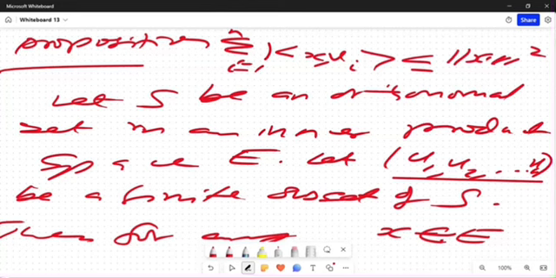Okay? So that's one of the theorems over there. The proof is also not difficult to verify.